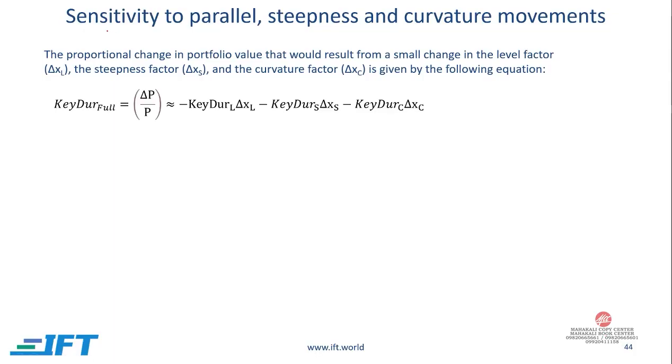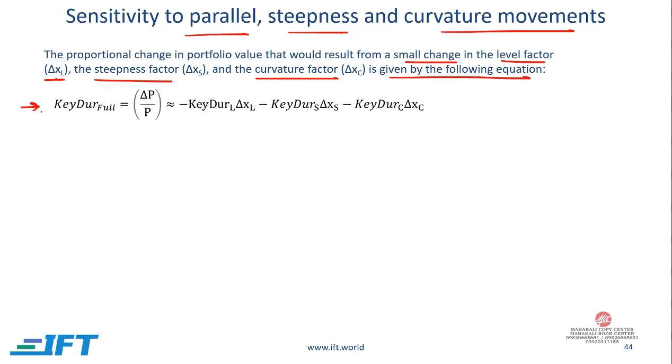Let's now consider our bond portfolio's sensitivity to parallel, steepness and curvature movements. The proportional change in portfolio value that would result from a small change in the level factor, the steepness factor, and the curvature factor is given by this equation.